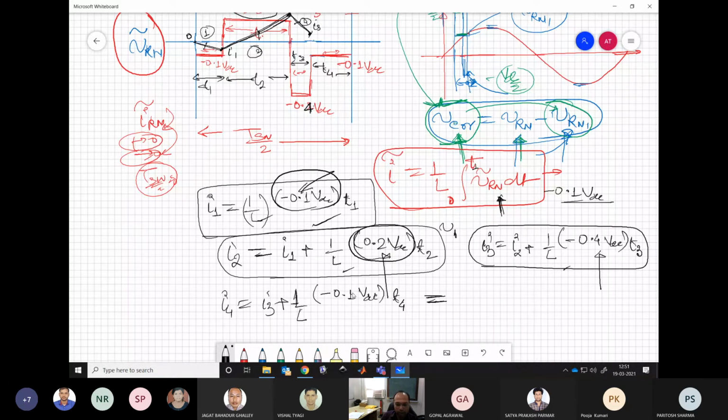What will be this value? Any guess? Understanding my point? It has to come back to 0 because it is a ripple. That's what I am emphasizing since the beginning. The initial and final values have to be 0.